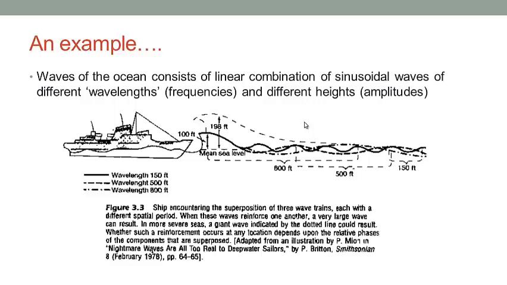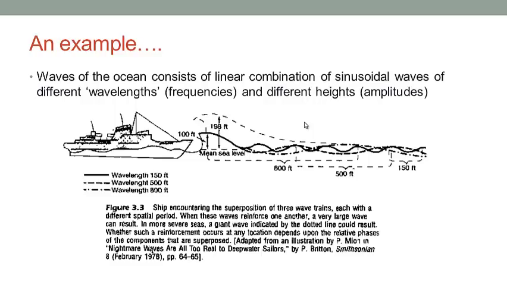150 feet, that is the wavelength, or the spatial period. The wavelengths are 150 feet, 500 feet, and 800 feet, and their amplitudes are also different. When they superimpose on each other at a particular phase, you get a wave which comes to around 100 feet height.